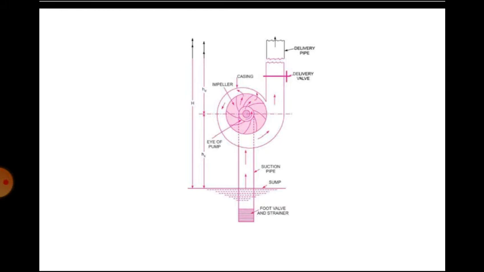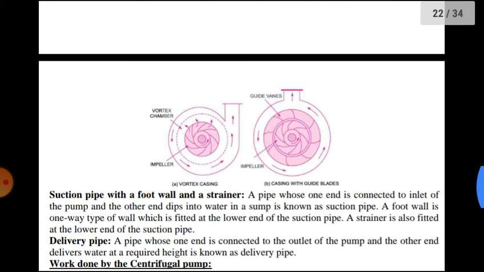We want to transfer water from the lower level to the higher elevation, so we are using a pump. Very simple. See, this bottom side is the base level, the datum line. So we need to lift water from the lower level to the higher level.